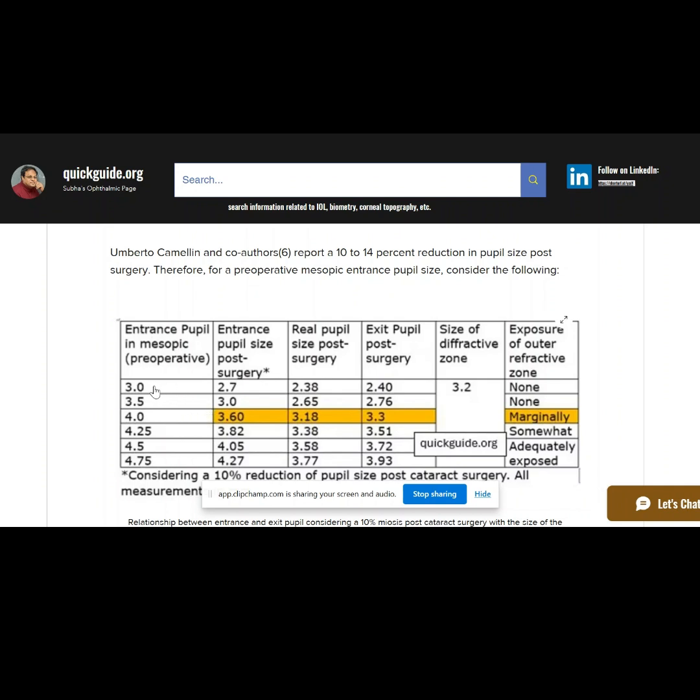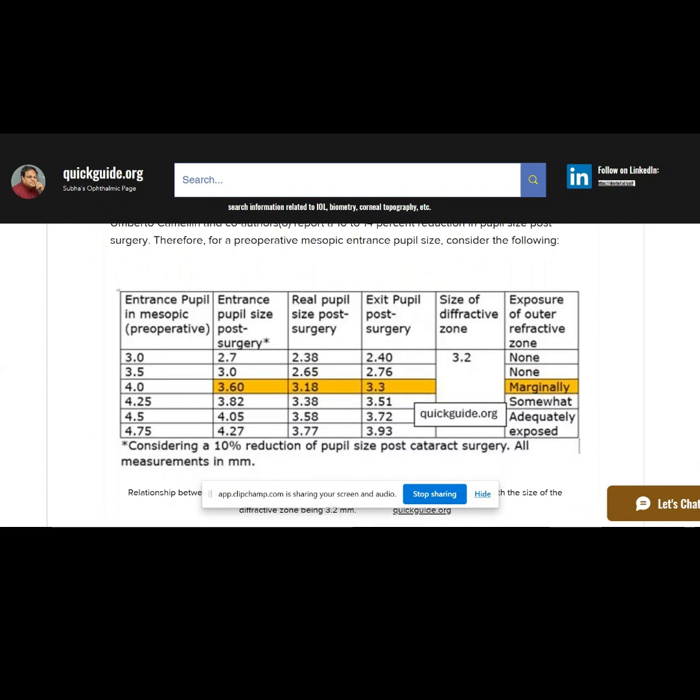Say, for example, you have a preoperative entrance pupil in mesopic conditions, remember this is a magnified version of the physical pupil, of 3 millimeters. Then the entrance pupil size post surgery, if you take a 10% reduction in the pupil size, would be around 2.7 millimeters.